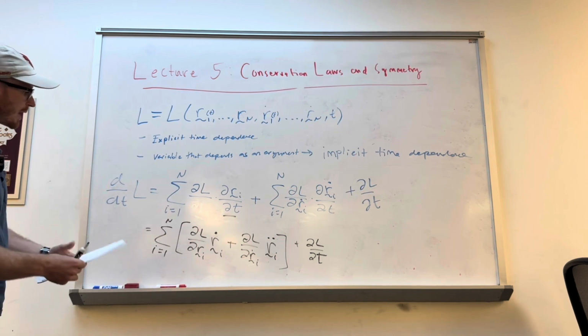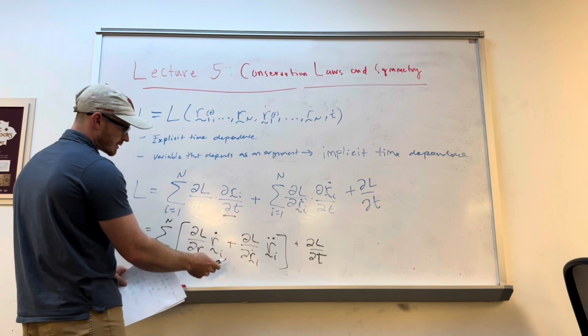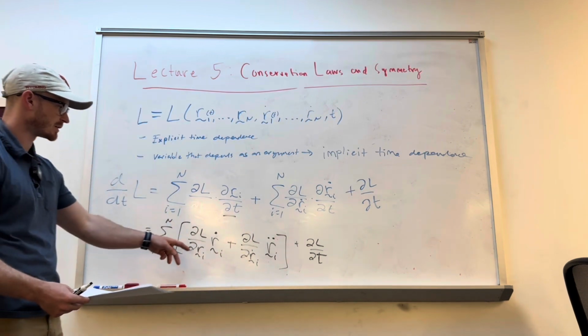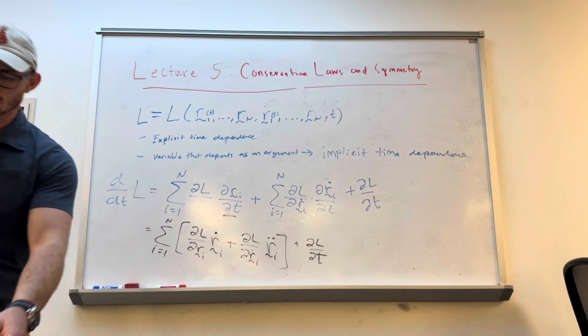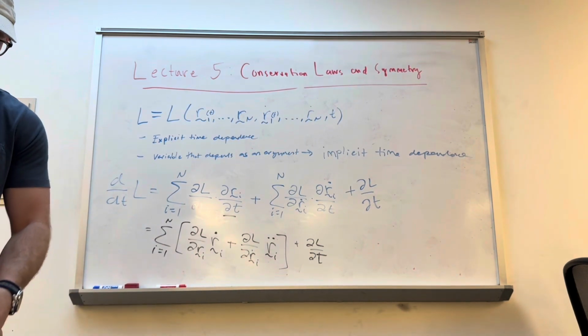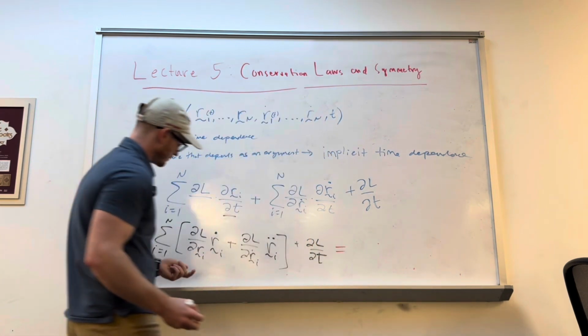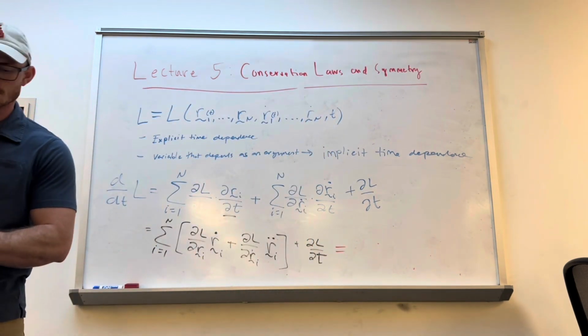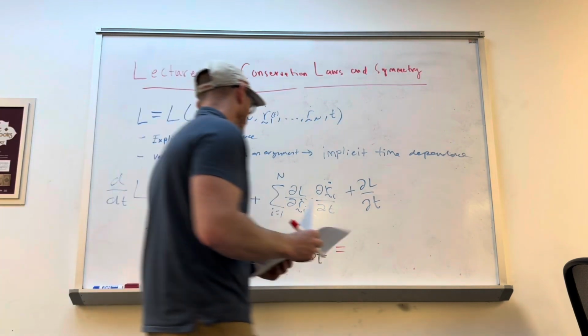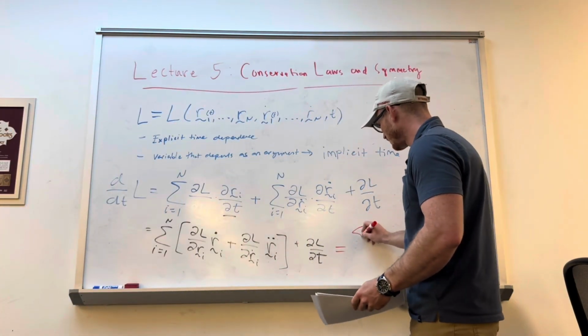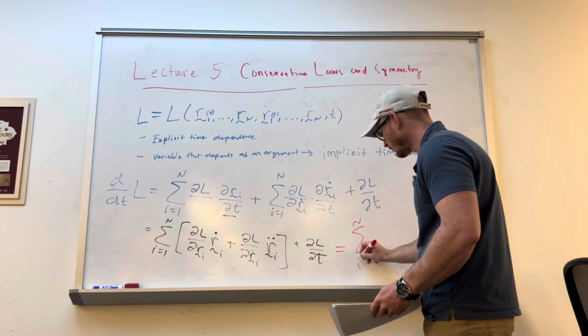Now, we're going to rewrite this term, because if you notice, this looks like it could be the result of a product rule of a derivative in time. So let's consolidate everything. We're specifically looking at this term, which is equal to the sum over all the particles.